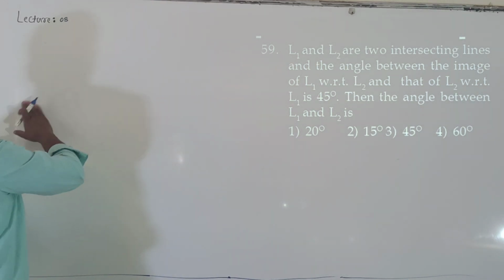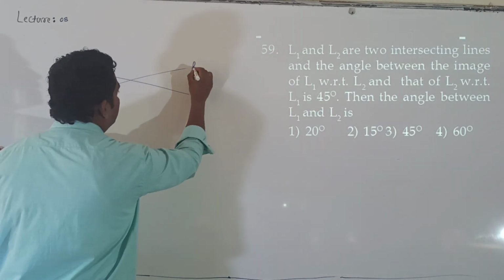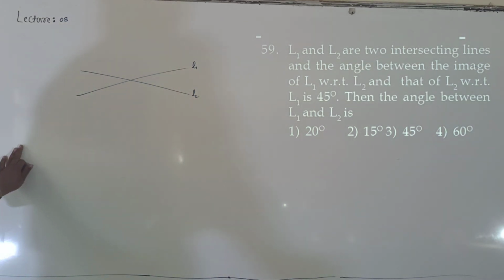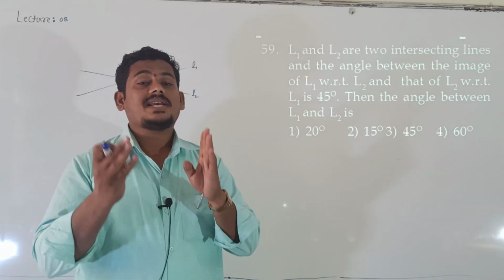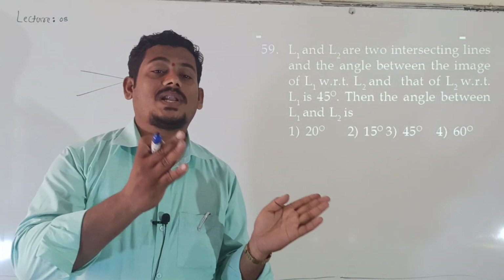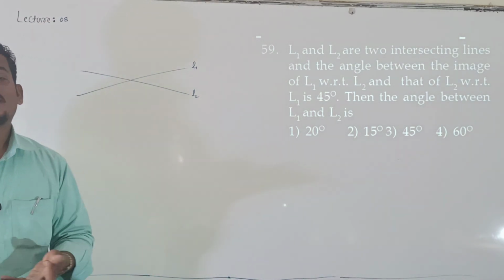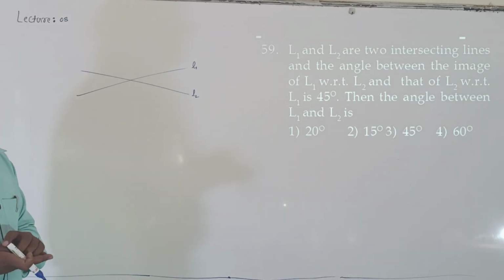I will explain. First take two lines L1 and L2. This is L1 and L2, right, and the angle between their images they have given. The image of line 1 with respect to line 2 and the image of line 2 with respect to line 1 they have given. The angle between their images they have given, right?